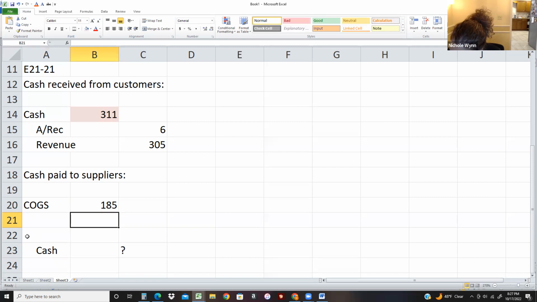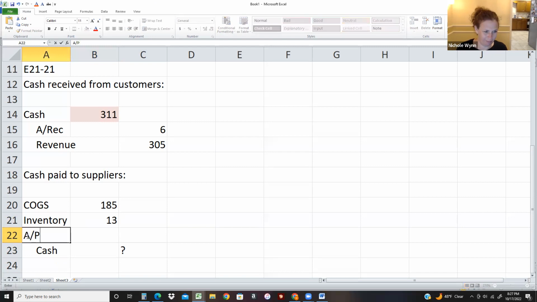And then it looks like inventory increased and accounts payable decreased. To make accounts payable decrease, I need to debit it. To make inventory increase, I need to debit it. So it looks like cash paid to suppliers is 206.